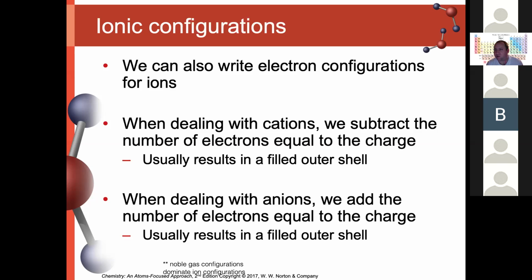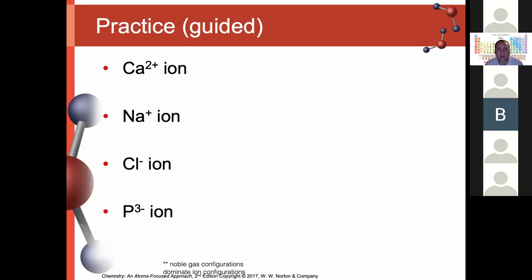Fluorine with 9 electrons, fluoride ion with 10 electrons, the same noble gas configuration as neon. And so I could either write neon as the shorthand configuration, or I could write its longhand configuration, 1s2, 2s2, 2p6. So when it comes to ionic configurations, it's usually pretty easy.